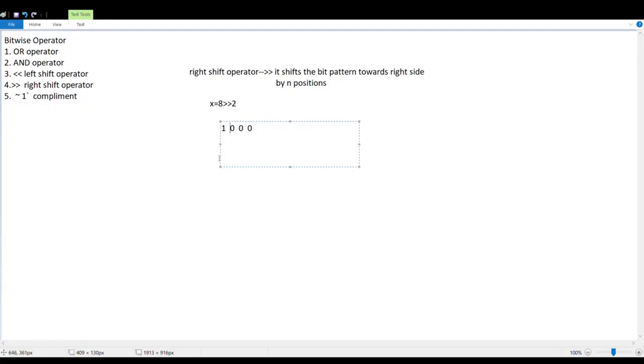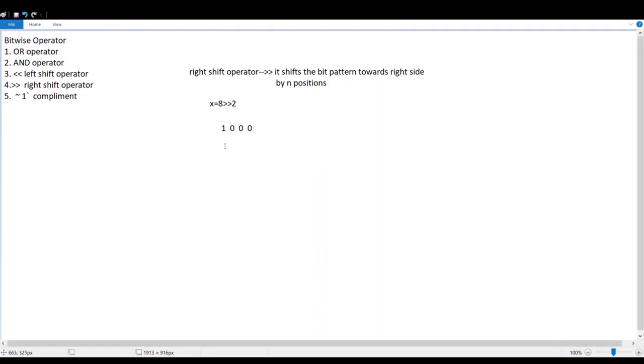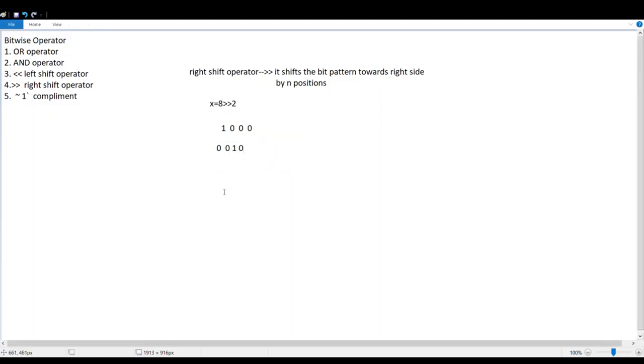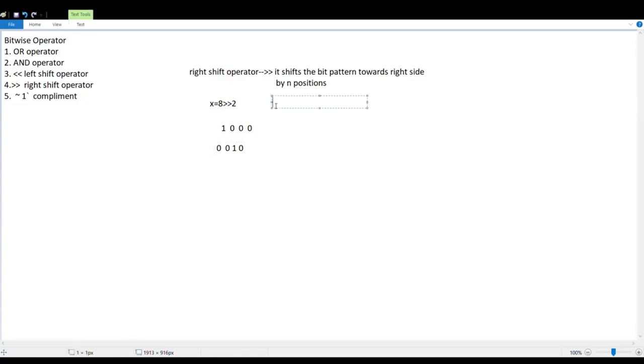So it will become 0 0 1 0. And this 0 1 0 represents 2 in the decimal number system. So the value of x will be 2.